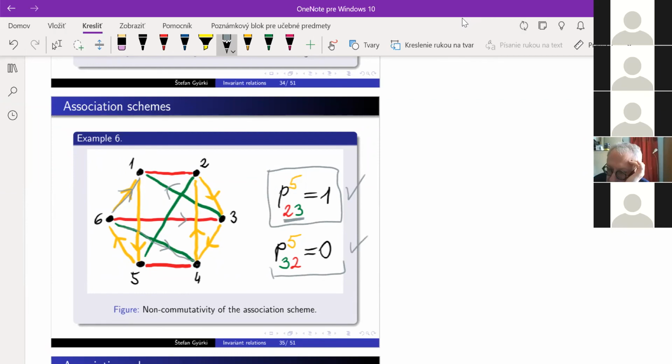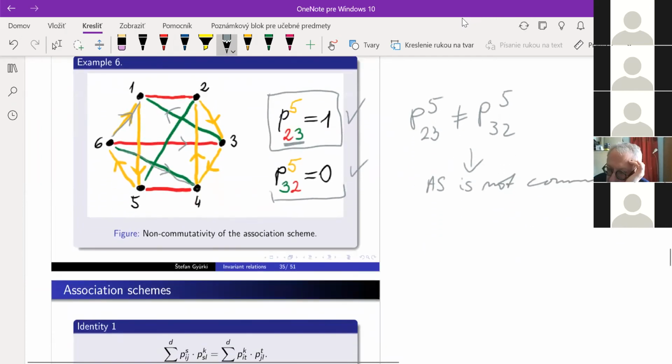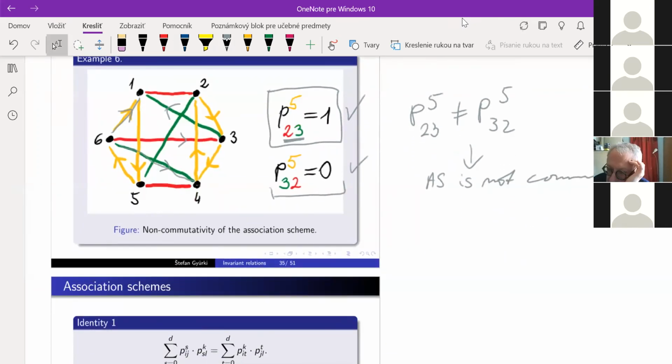So P2 3 5 is not equal to P3 2 5. Therefore, the association scheme is not commutative. So this example I used to show you an association scheme which is not commutative.